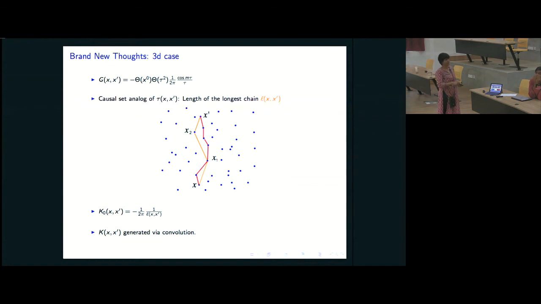The same way you think of the longest path which you can take between x and x prime. So the red path, for example, is the longest path. The orange path is not. So you look at just the length, which is to count the number of times you hop around, and that should give you the massless propagator in 3 dimensions, from which one could generate the massive propagator.